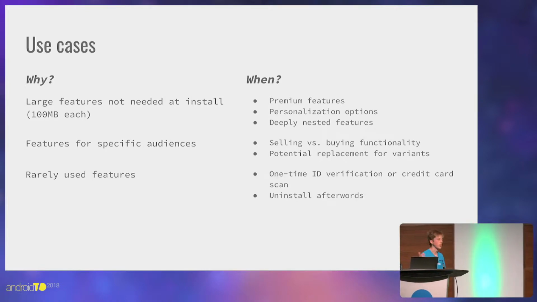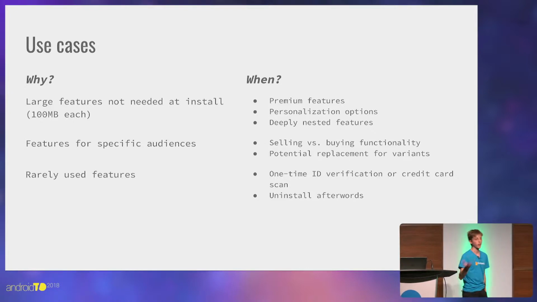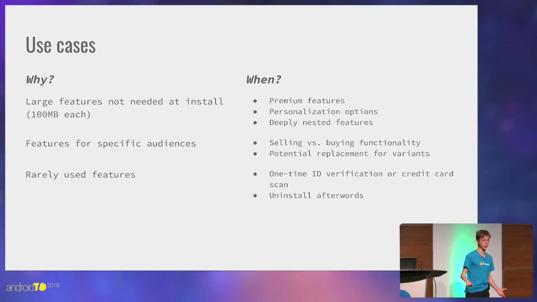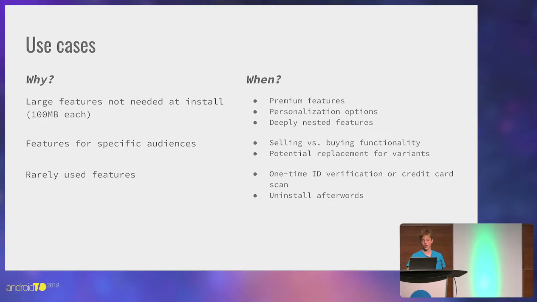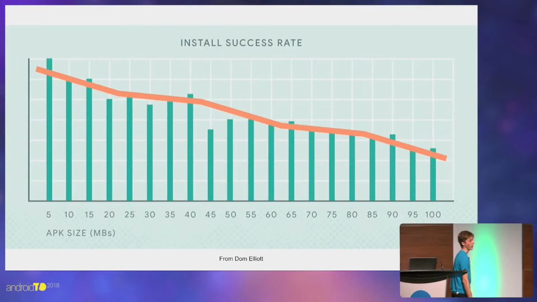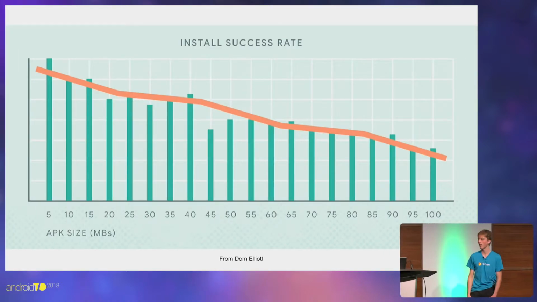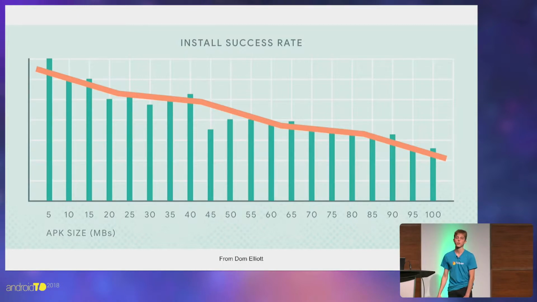So some examples: say you're scanning a card, or this thing you're just going to use once, right? So you download it, and then once you're done, you get rid of it. And the reason you'd want to do that is because of this graph. Google likes to show this. Basically, as your APK size goes up, you're going to get fewer successful installs, and people are going to uninstall your app more.